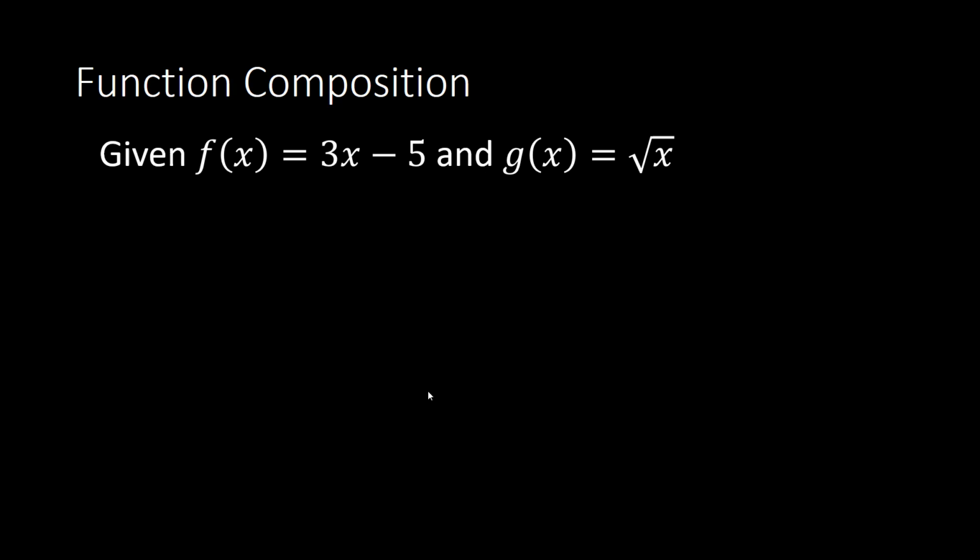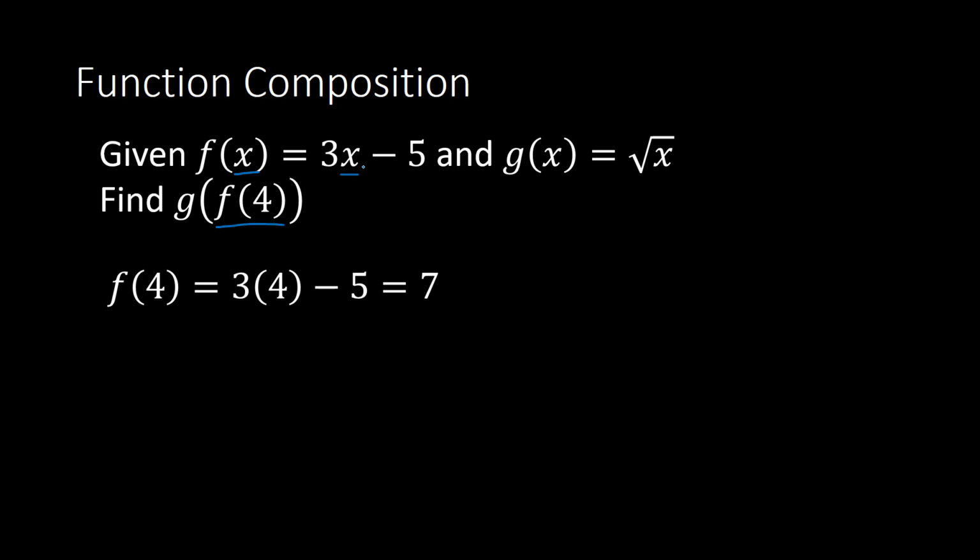Here's another example. We have two functions, and we're told to find g of f of 4. So we start with the innermost function, f of 4, and you plug a 4 in for x into the f function. So instead of 3 times x minus 5, we have 3 times 4 minus 5, which is equal to 7.